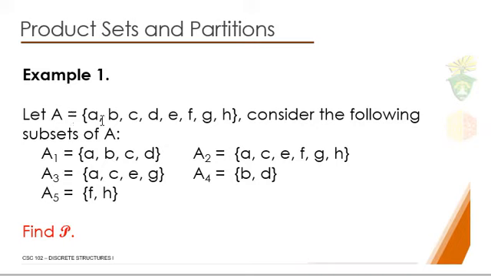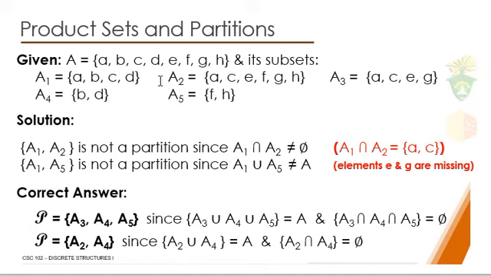Let A be the given set of elements from the letters A through H, and consider the following subsets of A. Now, your task is to find P, or the partition set of A. In short, asa aning 5 ka subsets ni A ang mo-qualify sa duha ka criteria. So let's solve example number 1.